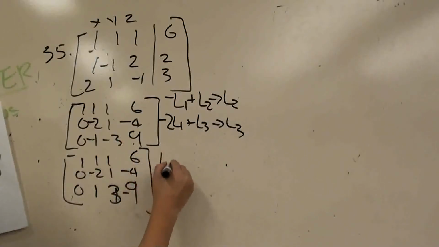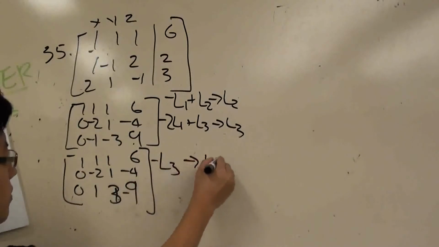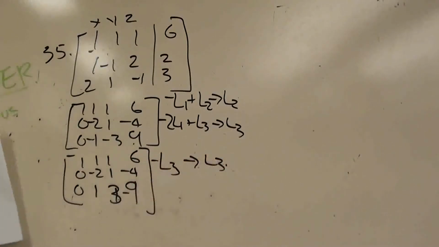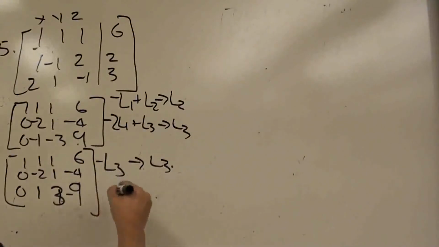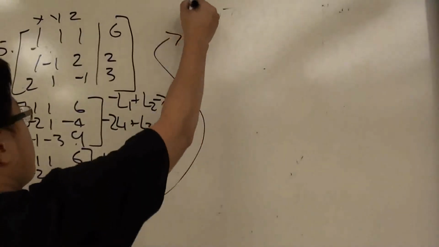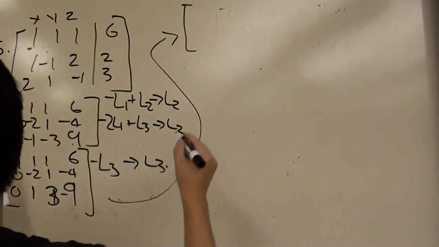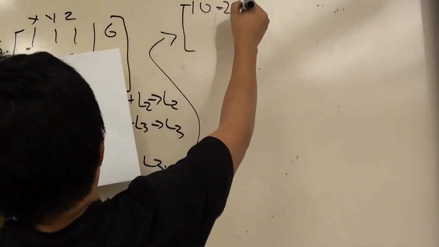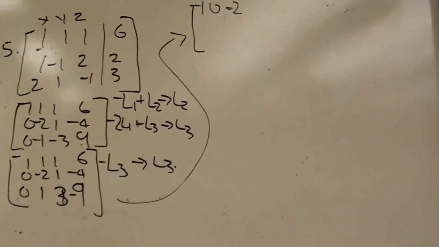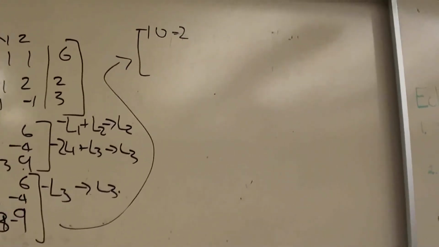So, I will just write L3 negative equals L3. Okay, so going this way, and then I'm going to do 1, 0, negative 2. Is that too high? It is totally too high.